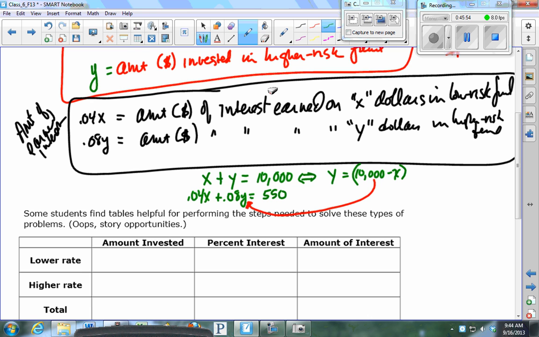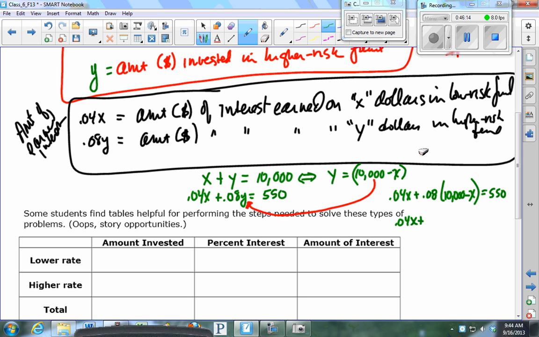So you have 0.04x plus 0.08 times, now instead of y, you replace it with what's left over, $10,000 minus x. That's what y would represent. And that equals 550.